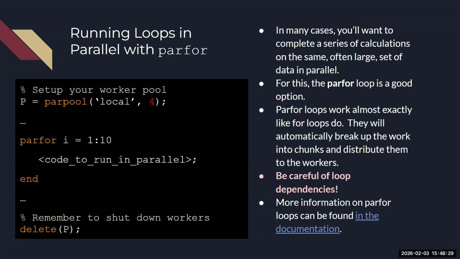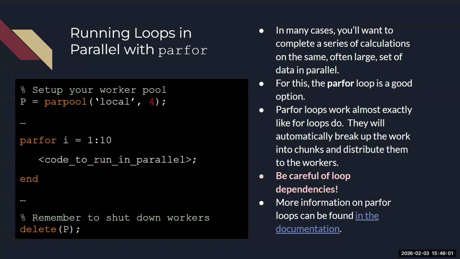So what MATLAB will do is it will take those 10 iterations, or those n iterations, and it will break them up and distribute them across the different processors. Now, how it does that is done according to MATLAB's internal job scheduling process, which I don't even understand. But what it will do is try to balance the work between the number of processes it has as equally as it possibly can.